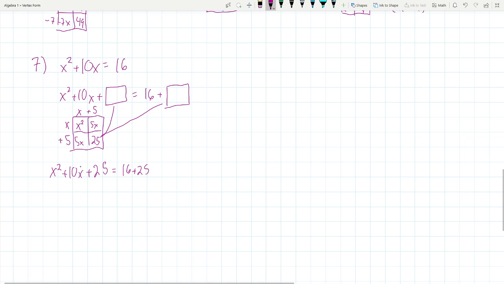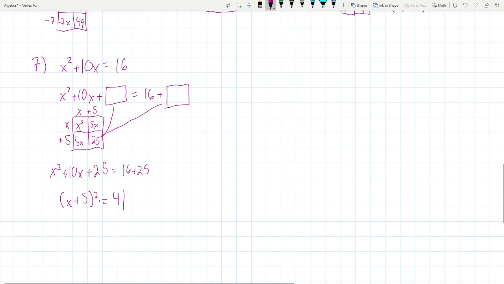And then going from that, we can factor this, and it turns into x plus 5 squared equals, I'm going to go ahead and combine this, 41. Okay. And what we're doing is we're solving by completing the square, and then we're going to round our answers.